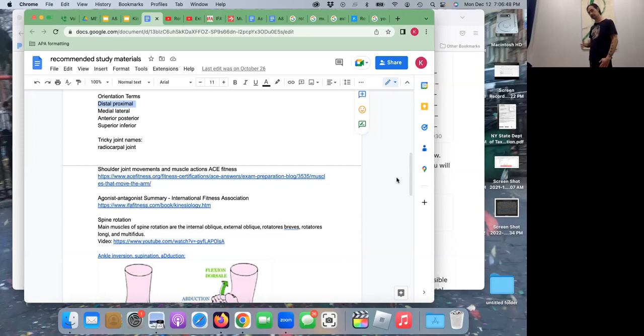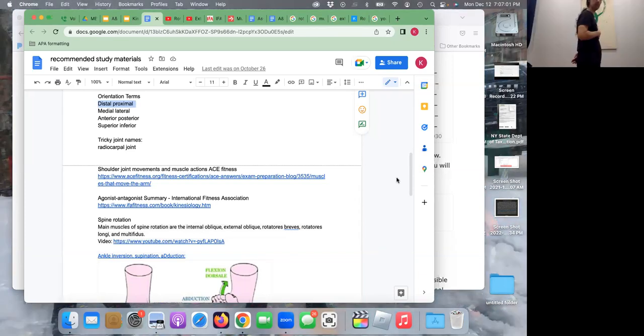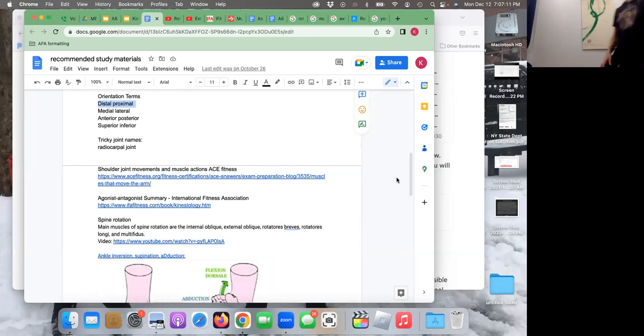Place your hand on your abdomen, for example. Is the sternum superior or inferior to the belly button? Superior, right. And is your femur superior or inferior to your chest? It's inferior. That's right. And what about your medial malleolus?